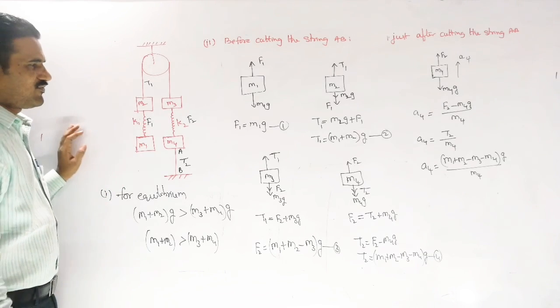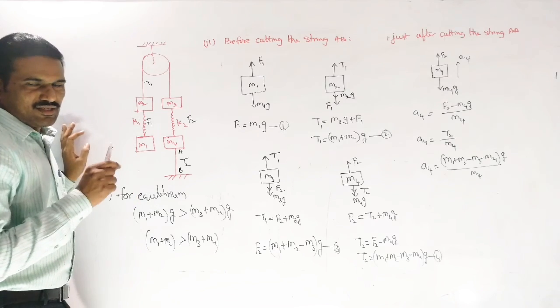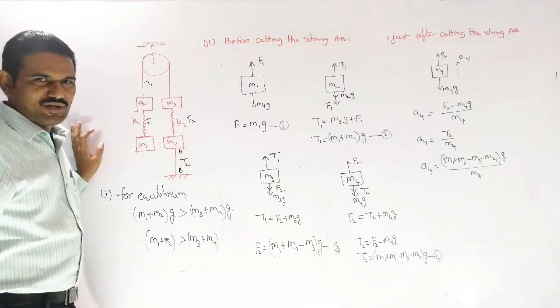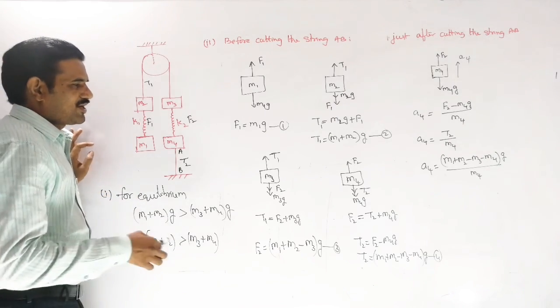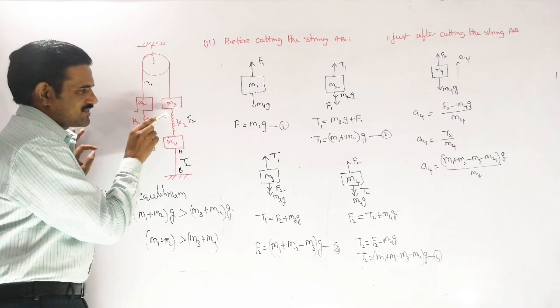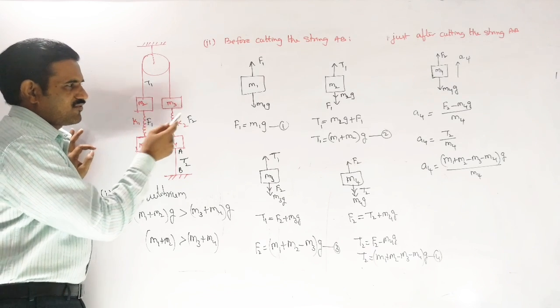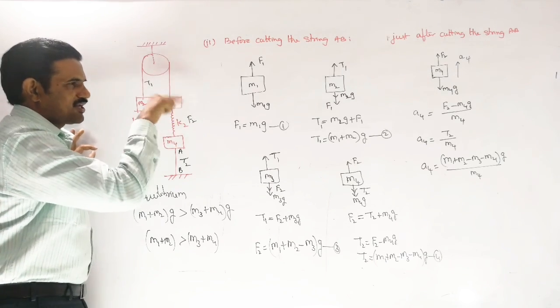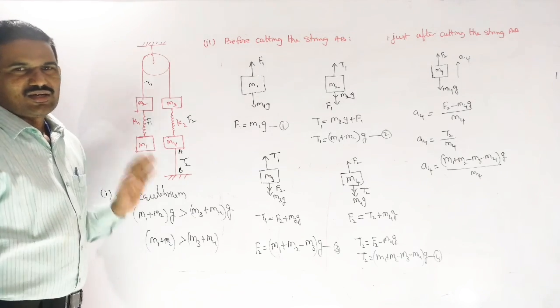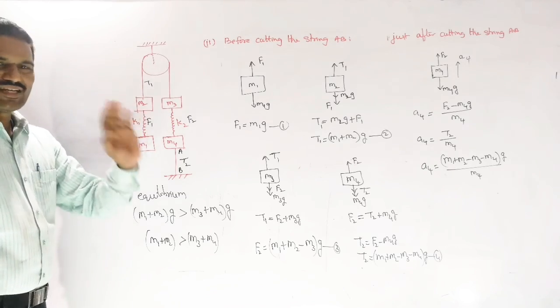There will be, immediately after cutting, we are discussing about immediately after cutting here. Immediately after cutting, there won't be any change in this spring force F2, right? If there is no change in the spring force, there won't be any change in the remaining forces acting on this M3 also, and so this M3 will still remain in equilibrium.